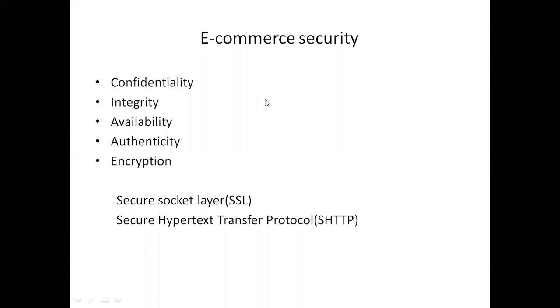Whenever we develop an e-commerce site, we need to keep in mind the three main pillars of security, that is CIA: confidentiality, integrity, availability. Then authenticity and encryption. We have authenticity, meaning this fellow is authenticated by a specific validation.